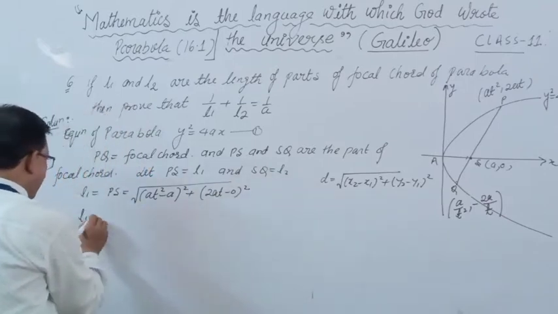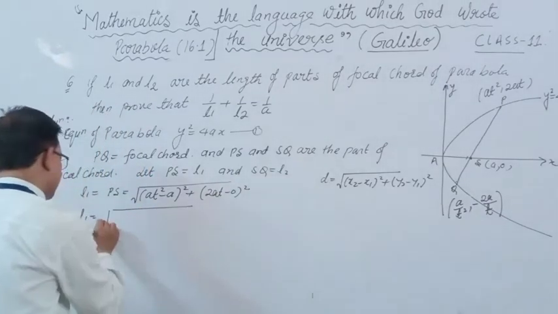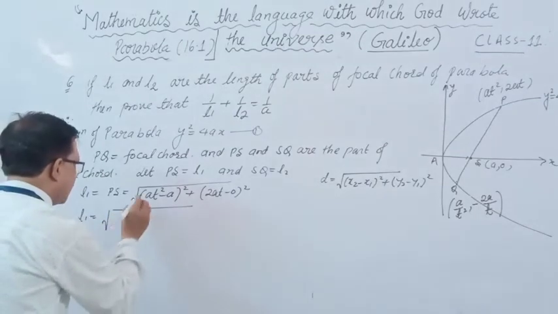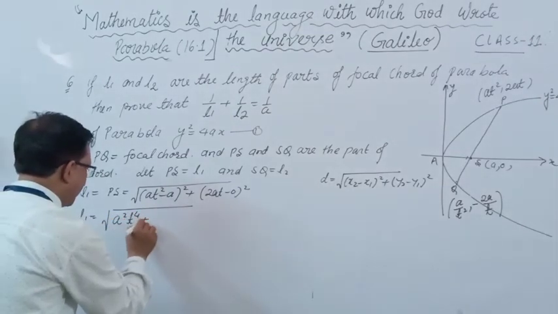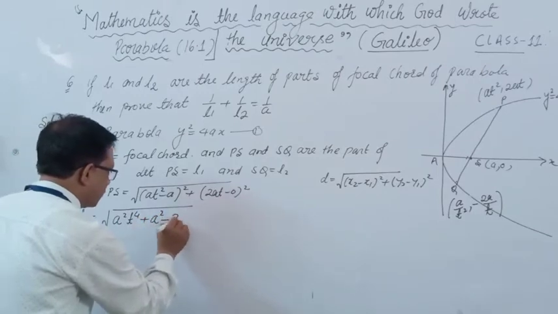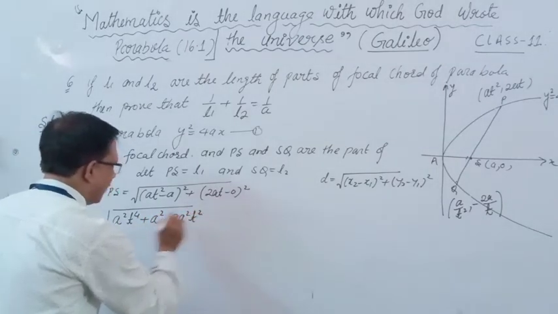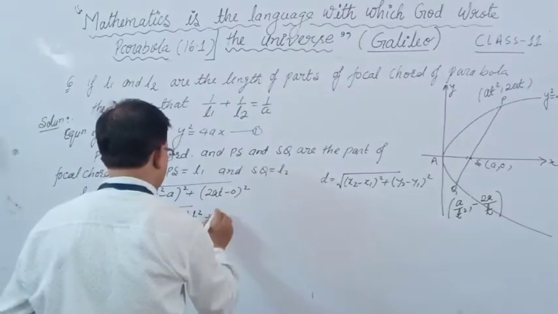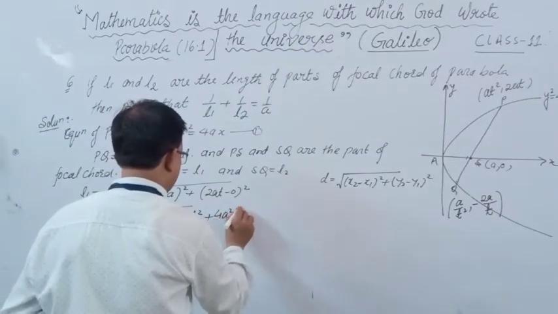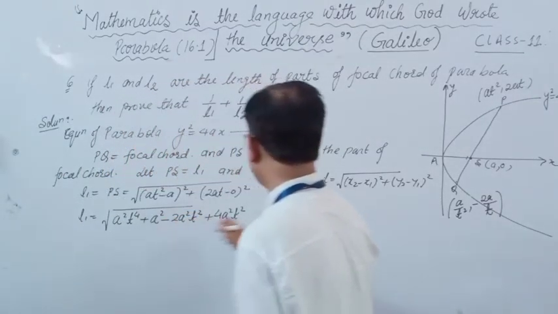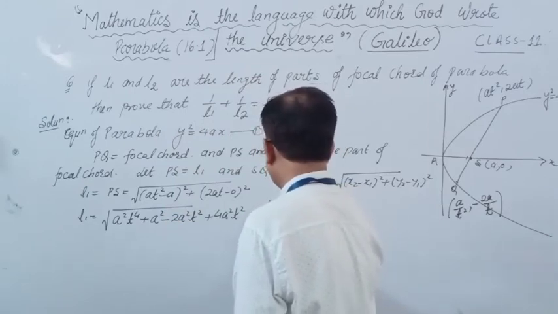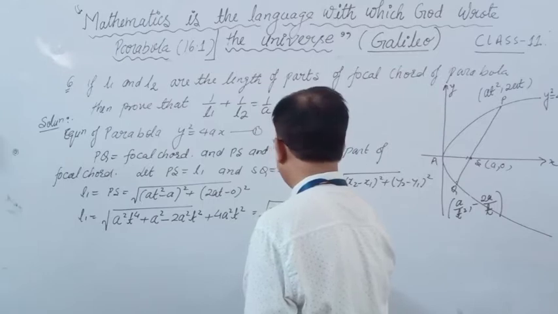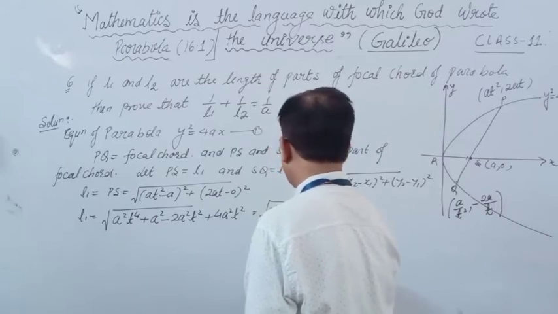So L1 is equal to the square root of a square t to power 4 plus a square minus 2a square t square plus 4a square t square. After solving this, we get a square t to power 4 plus a square plus 2a square t square.